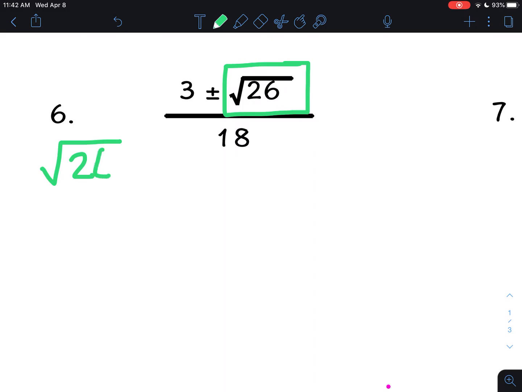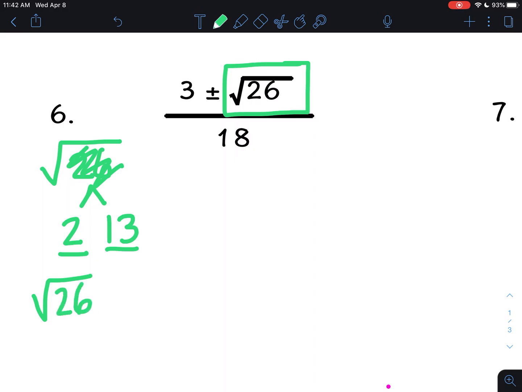So I'm going to break this up into 2 times 13. But 2 and 13 are both prime numbers. They both get underlined. They don't have a pair. So this is just the square root of 26. This one cannot be simplified. But we can see if we can simplify another part of it.